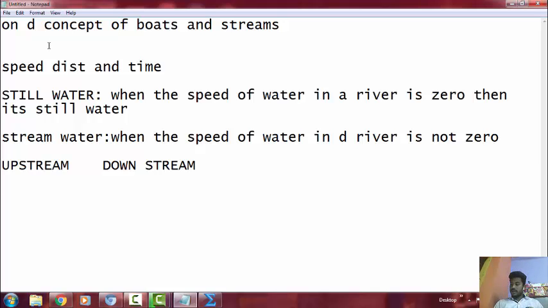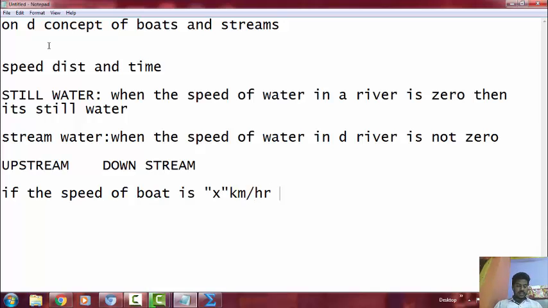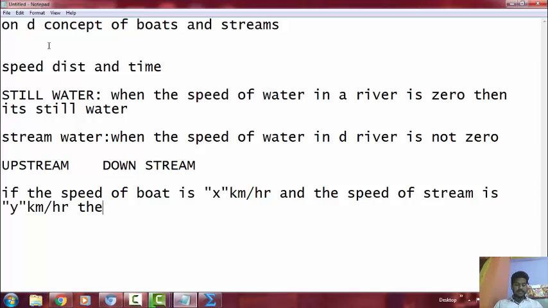Now suppose the speed of the boat in still water is x kilometers per hour and the speed of the stream is y kilometers per hour, then downstream is equal to x plus y.